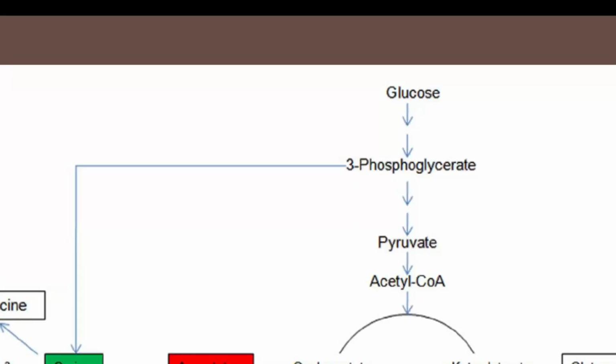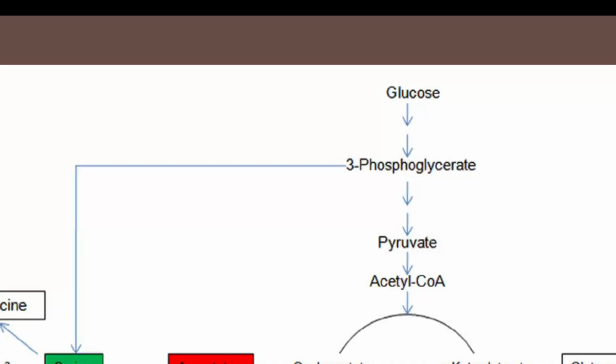So this is a simplified schematic of the TCA cycle showing two important components, the alpha ketoglutarate and oxaloacetate. Now alpha ketoglutarate converts into glutamate. So alpha ketoglutarate to glutamate.